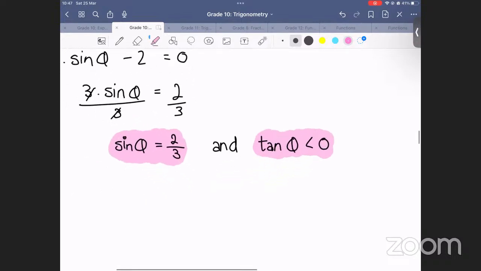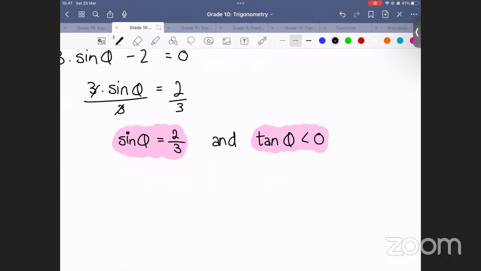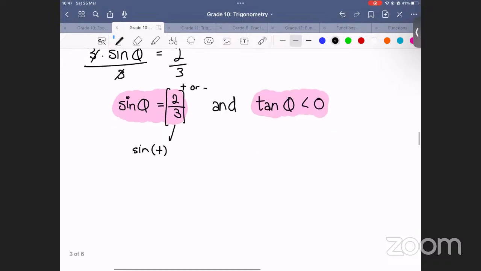Firstly, with sine theta, we have to look at its numerical sign when we isolate it. Is it positive or is it negative? Sine theta is positive, because it's positive 2/3. Sine being positive is in which quadrant?